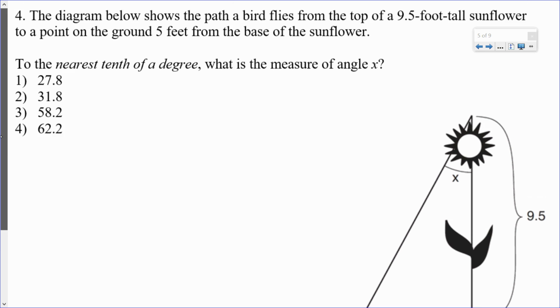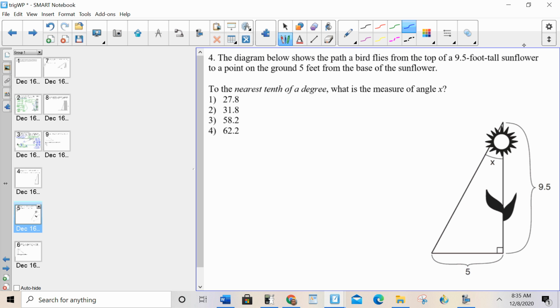So it's telling us that the sunflower is 9.5 feet tall, which it's giving us in the picture. It will not always give that to you in the picture. To a point on the ground 5 feet from the base of the sunflower, it gave that to us as well. Find to the nearest tenth of a degree the measure of angle x. And again, they kind of gave us everything here, so this isn't that bad of a question.